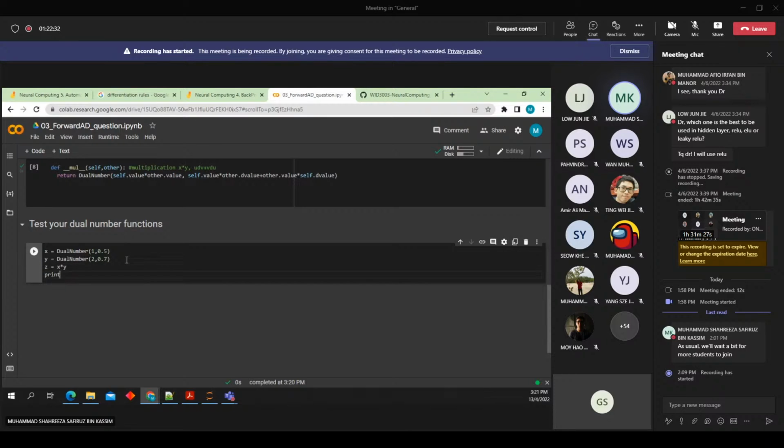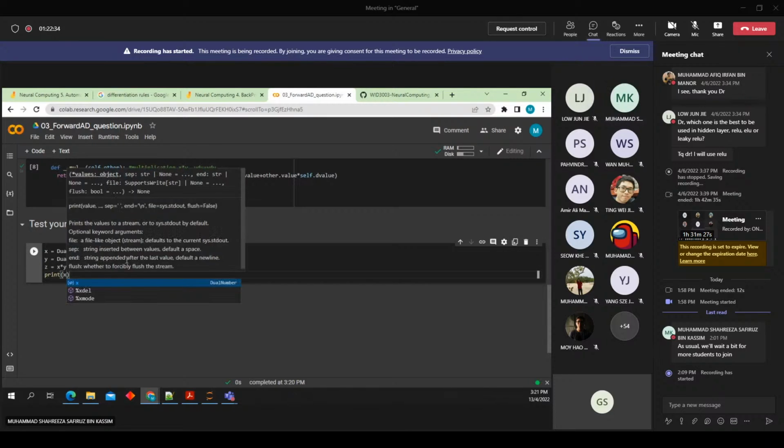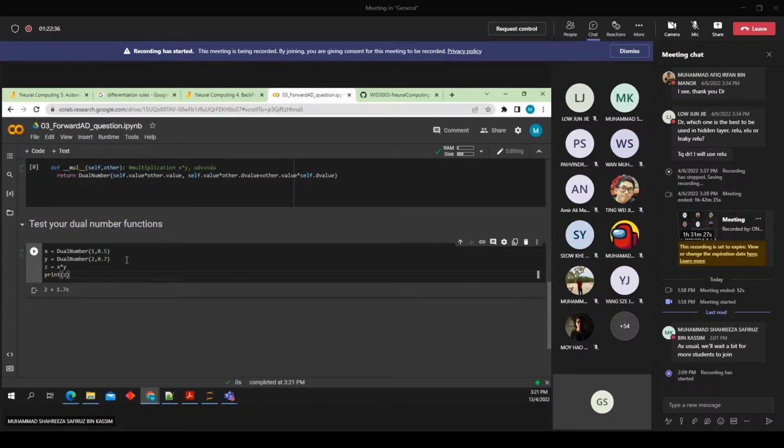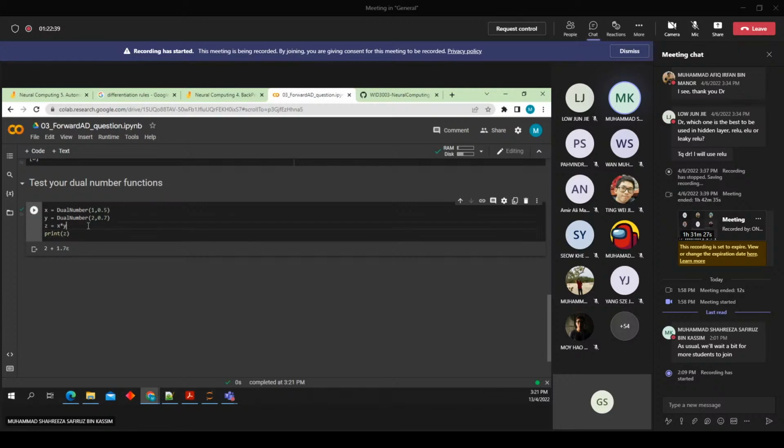So you print z. For readability, I'll just do this.